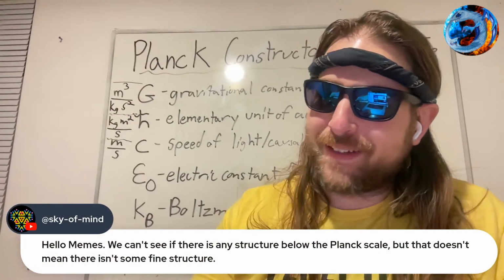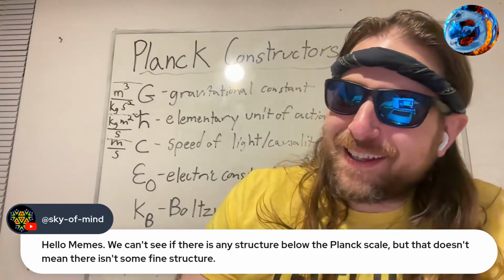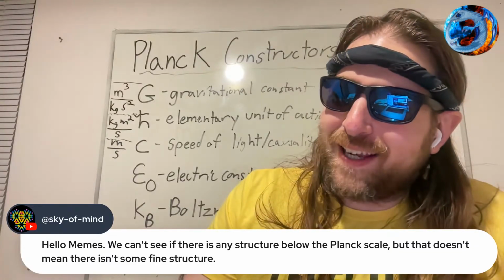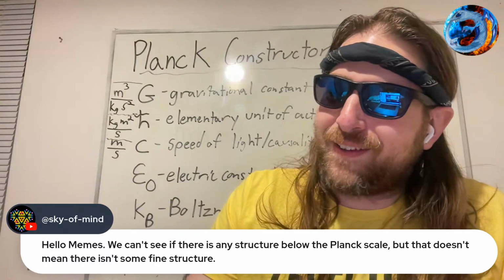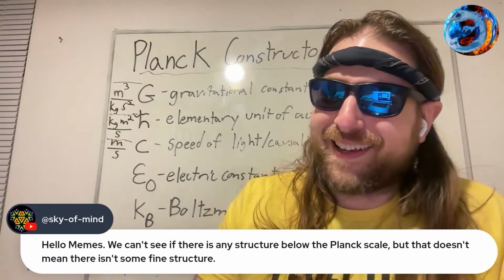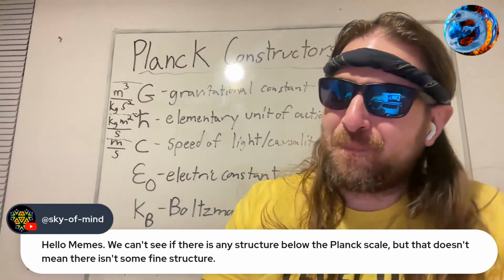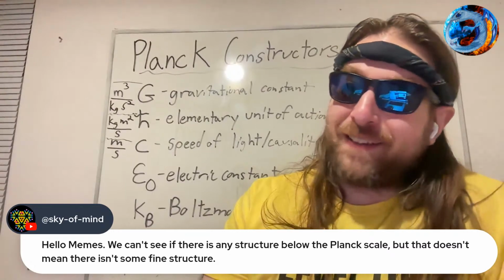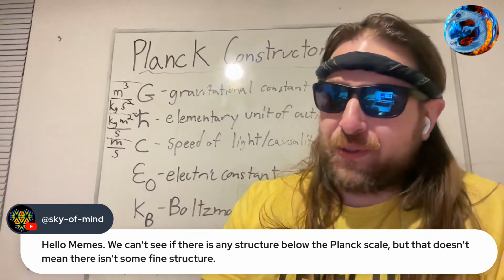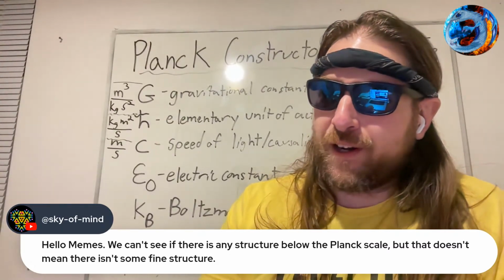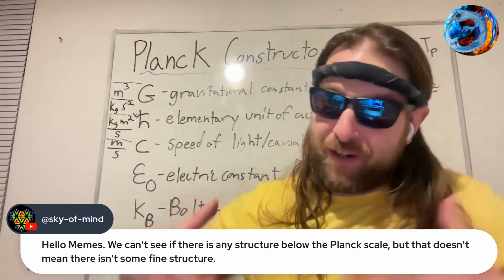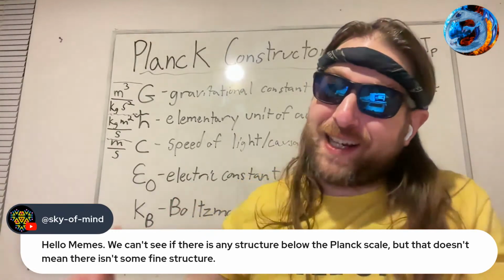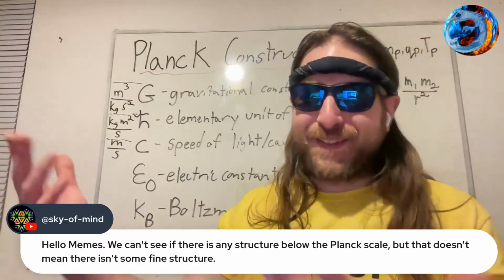Sky Mine's commenting. Hey, what's going on, Sky? His comment is, we can't see if there is any structure below the Planck scale, but that doesn't mean there isn't some fine structure. I see what you did there. It depends on which framework you're using. At least within the Wolfram framework, the claim is that there is something below the Planck scale, because if we get to a limit, it's like, oh, that's just the end of the line.